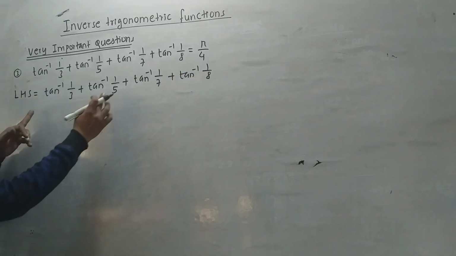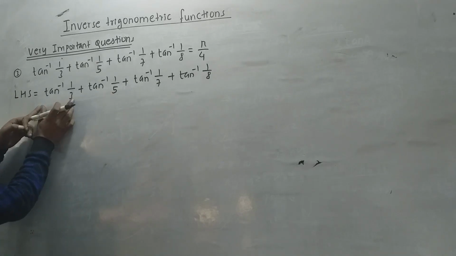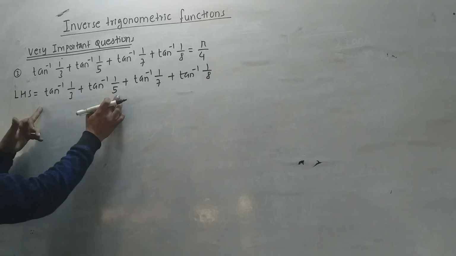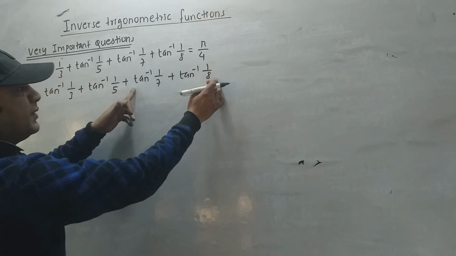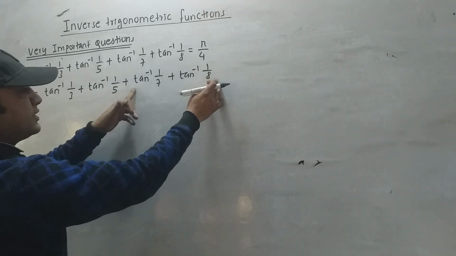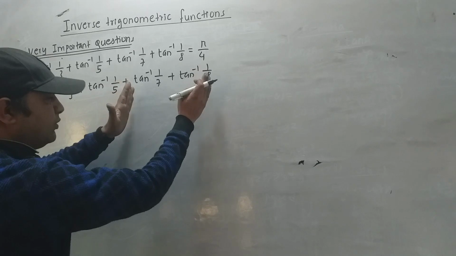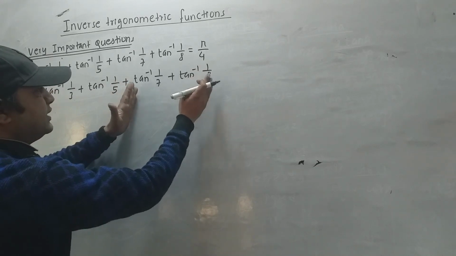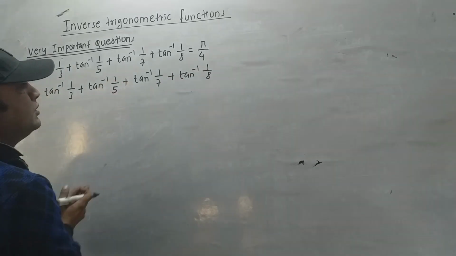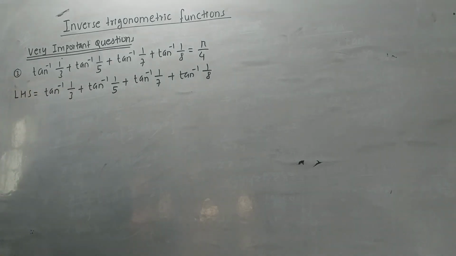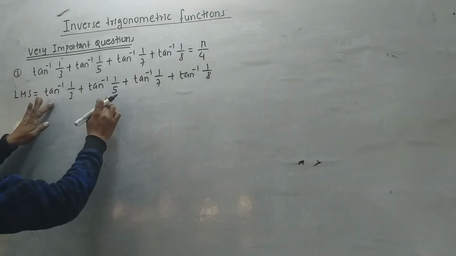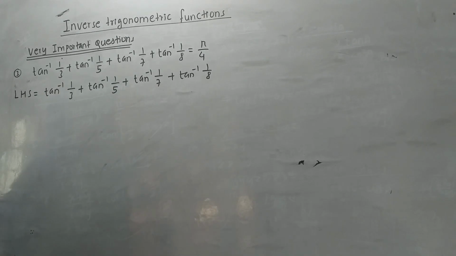Now for these two, you can apply the formula for tan inverse x plus tan inverse y. But you can do some rearrangements here, which makes for quick and easy simplification. If we arrange these two and these two, we are not getting any large numbers.